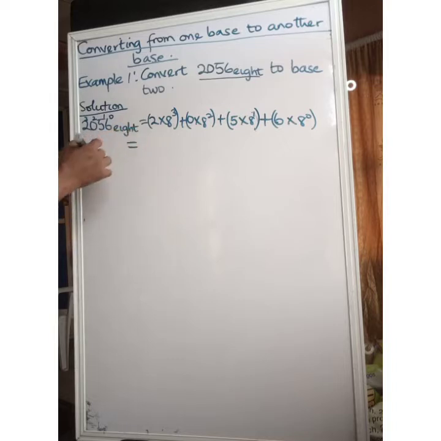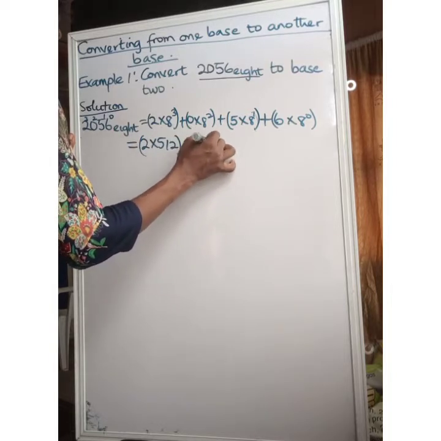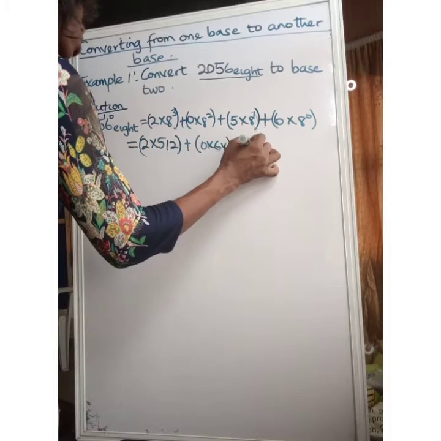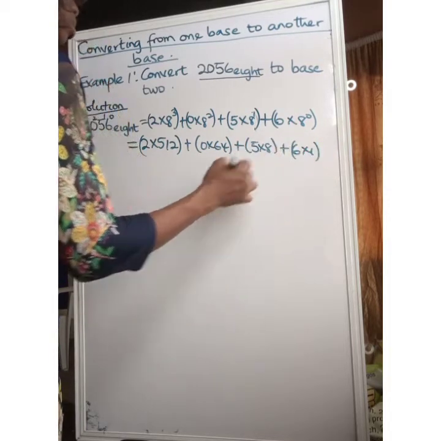So let's expand. 8 to the power 3 is 512. That will be 2 times 512 plus 0 times 64 plus 5 times 8 plus 6 times 1.